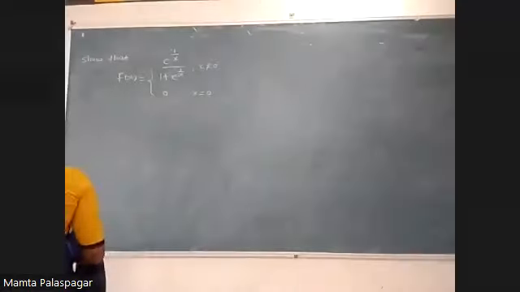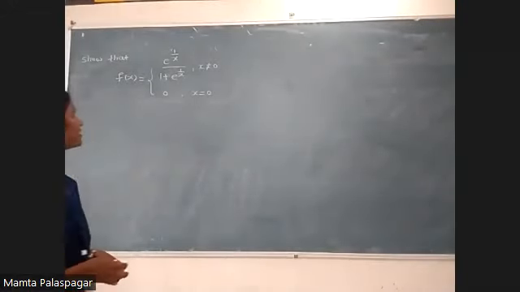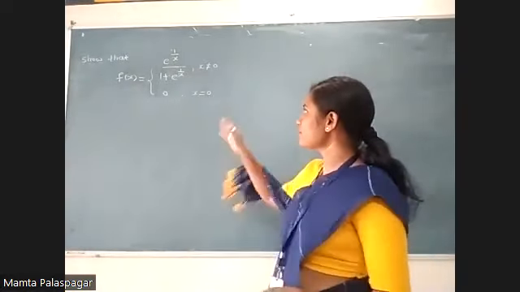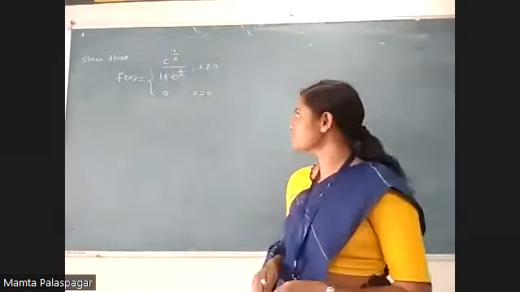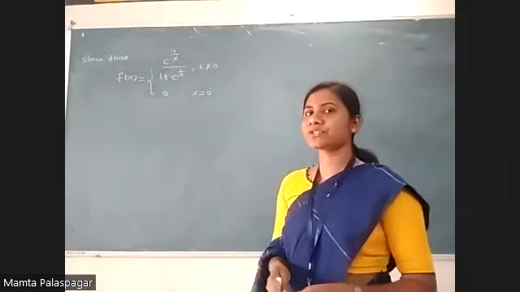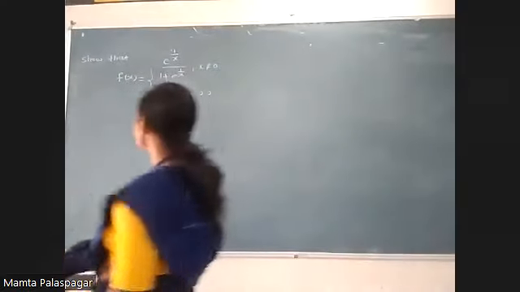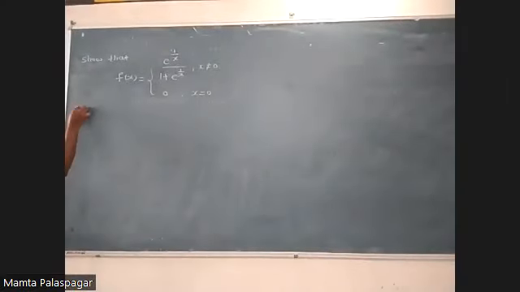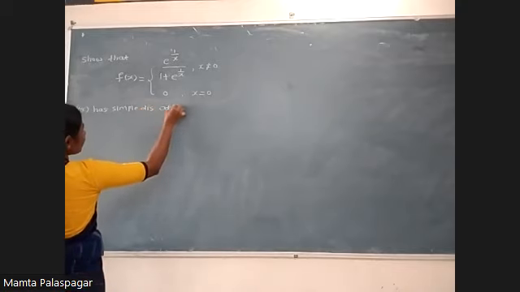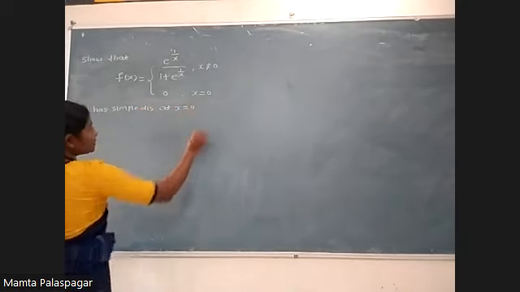Here the given example: we have to show that the function f of x is equal to e to the power 1 upon x upon 1 plus e to the power 1 upon x for x not equal to 0, and for x equal to 0, the value of the function is 0. Here we have to show that f of x has simple discontinuity at x equals 0.